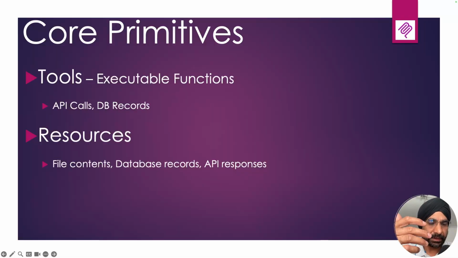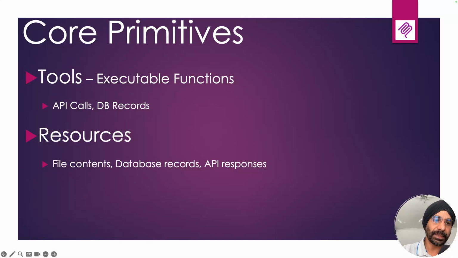File content, maybe a database feed. You have extracted something, you want to grab that information and show it in your AI application, or perform some non-side-effect type of logic. You would be using resources here, or some sort of API responses. You made a call, you have static data, it's just giving you the API response back. So that primitive is called resources.